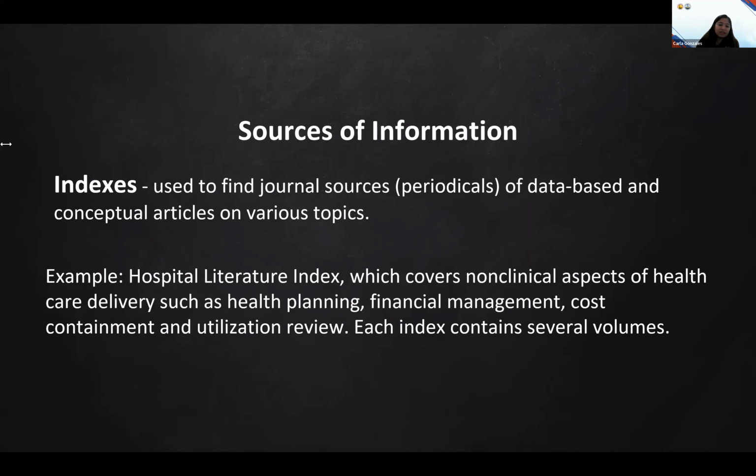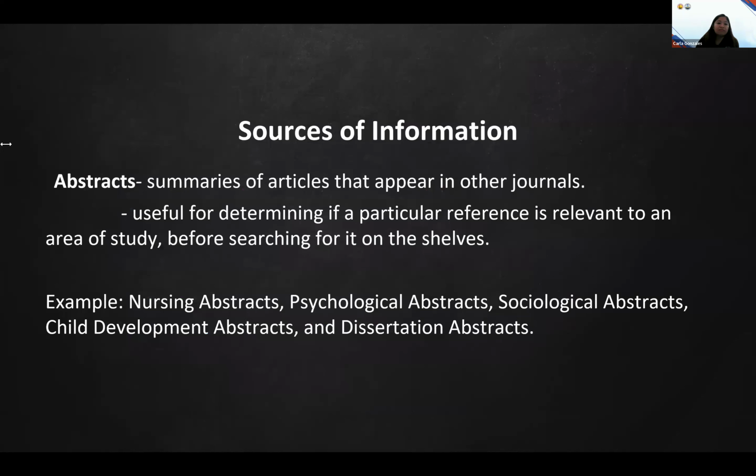And then indexes, I don't know if there are still libraries who use indexes, but I think in our library they still do. There are also hospital literature indexes, which usually contain several volumes. Then for abstracts, nursing abstracts, psychological abstracts, and so on.